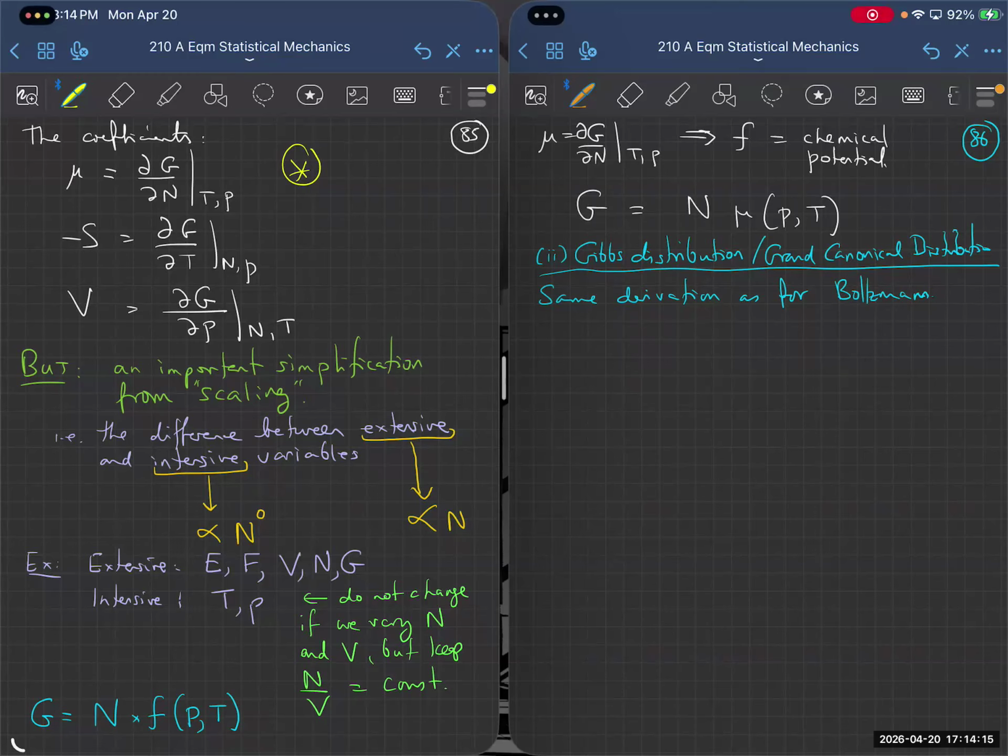Did I answer your question, Jake? What's the thing that you're still puzzled about? I am puzzled about the final expression. Okay, if I know that dG by dn is equal to mu, and over here on the left-hand panel, I have dG by dn is f, then what does that mean about f? Sure. It's equal to mu.